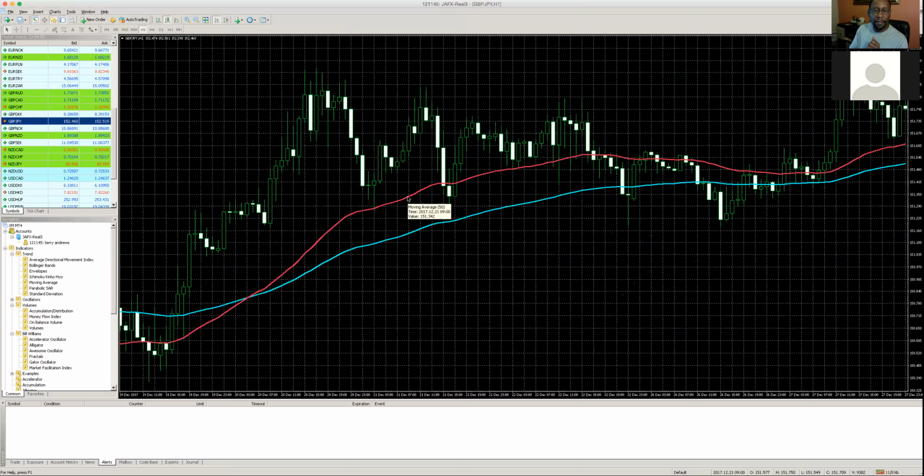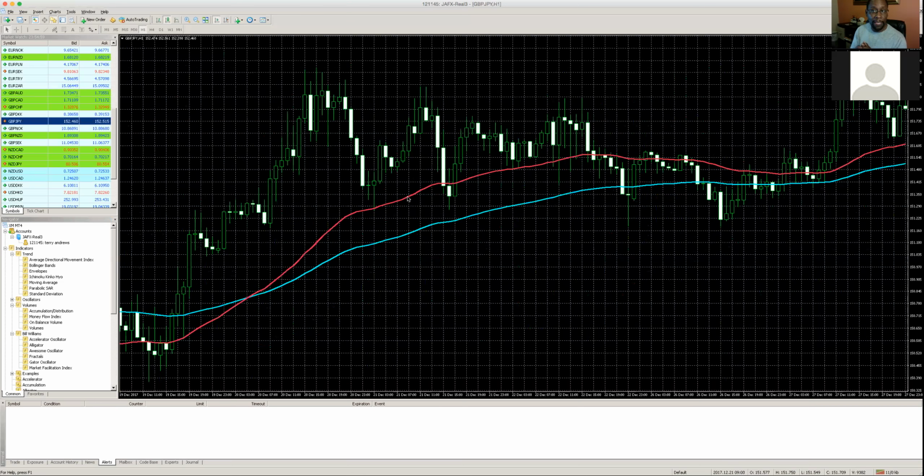Where's the red line? It's on top. So what should I have been doing? We should be buying because the red is on top. That's how simple it is. The red is on top. You should be putting in an order to buy.